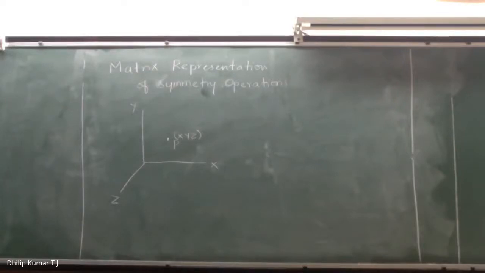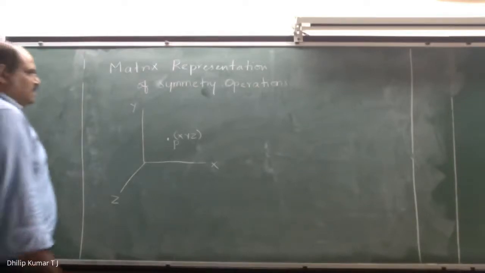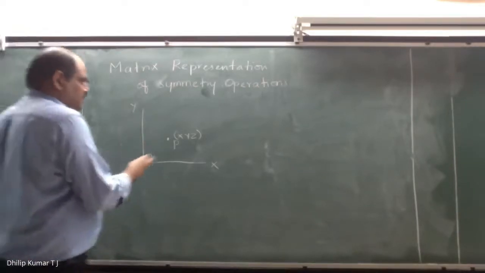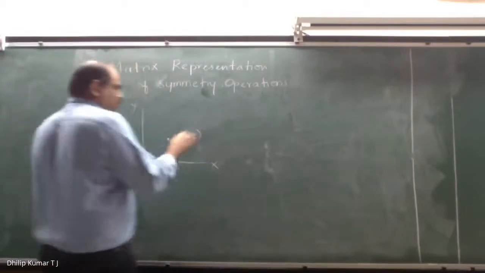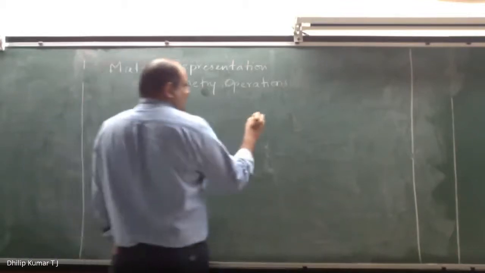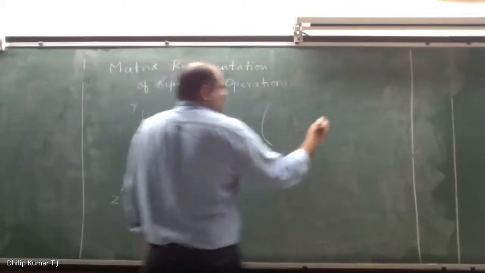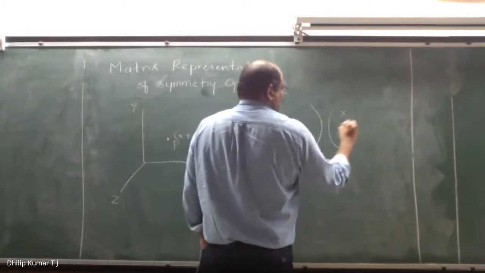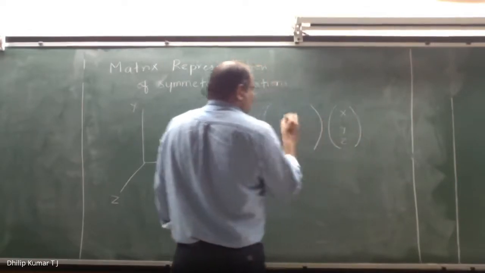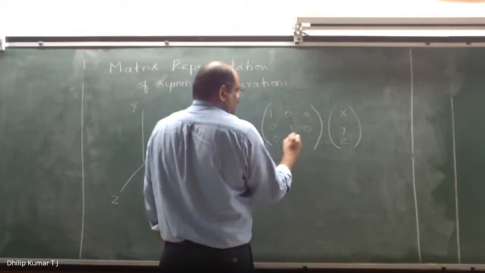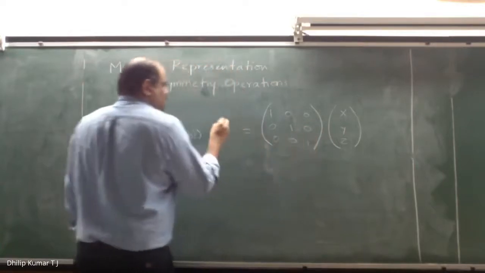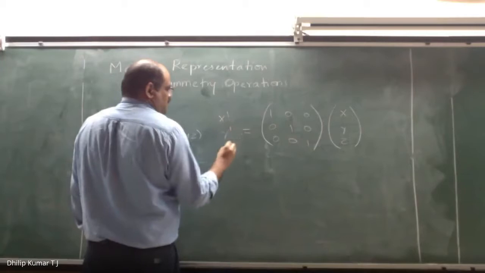Let's start with one simple example. If you use the identity element, you're not going to change anything. It's going to stay as such. You're not performing any operation, so this point is going to remain as such. I write that as x, y, z times the matrix 1, 0, 0, 0, 1, 0, 0, 0, 1, giving x prime, y prime, z prime.